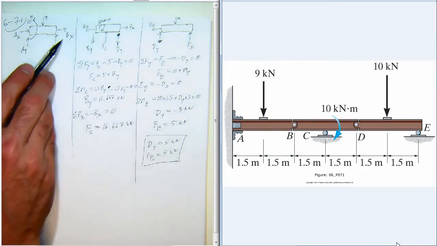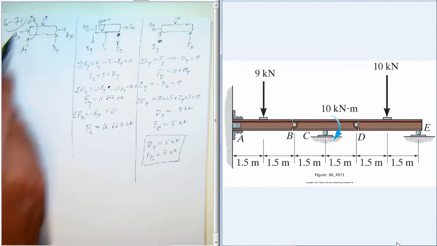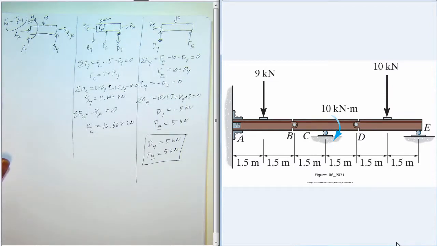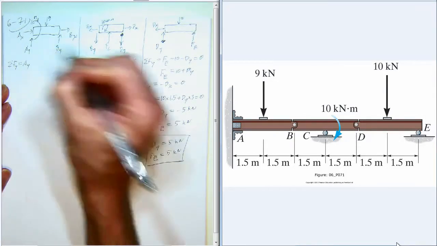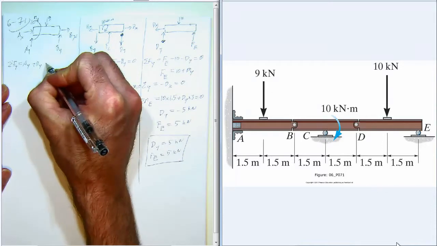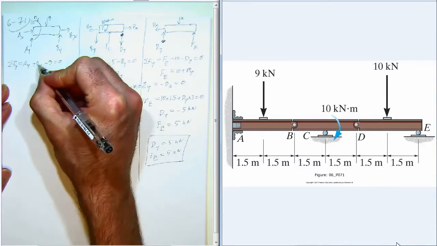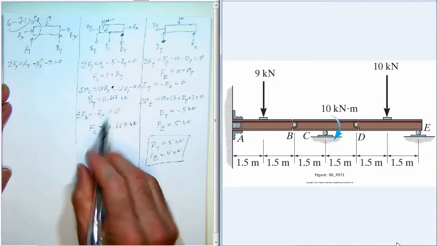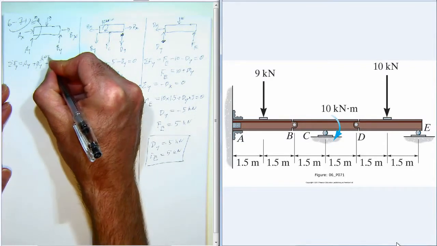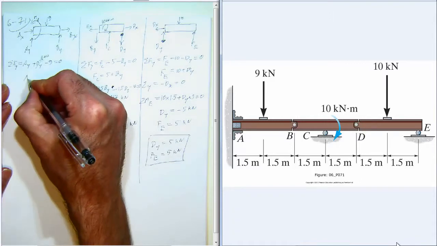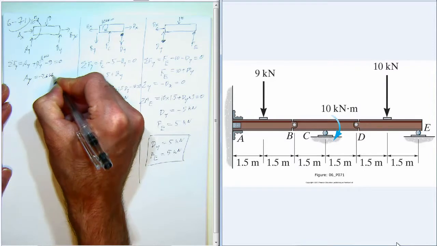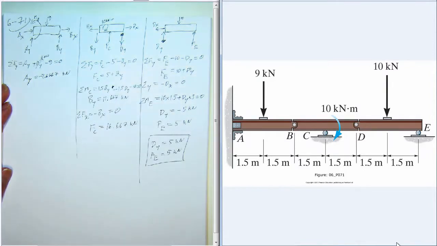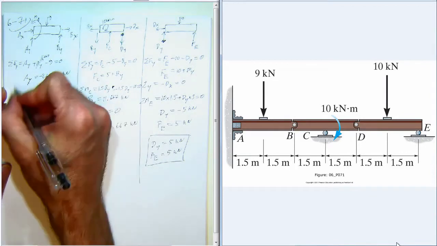And now By and Bx are known, so we have these three unknowns, Ax, Ay, and the moment about A. Starting with force balance in the y direction, we have Ay plus By minus 9, and that equals 0. Oh, but By is 11 2/3. So that gives us that Ay is negative 2.6667 kilonewtons. So Ay is shown up, but actually goes down. Alright.